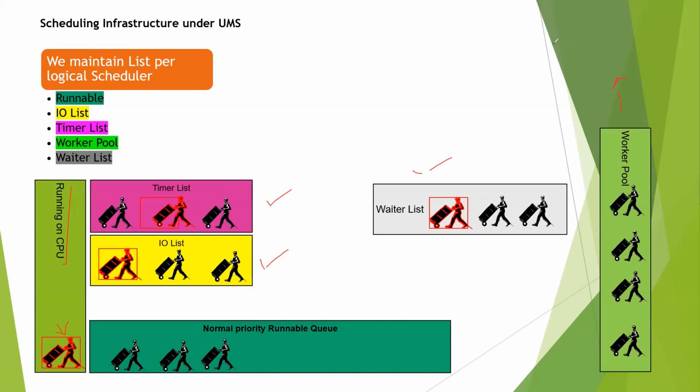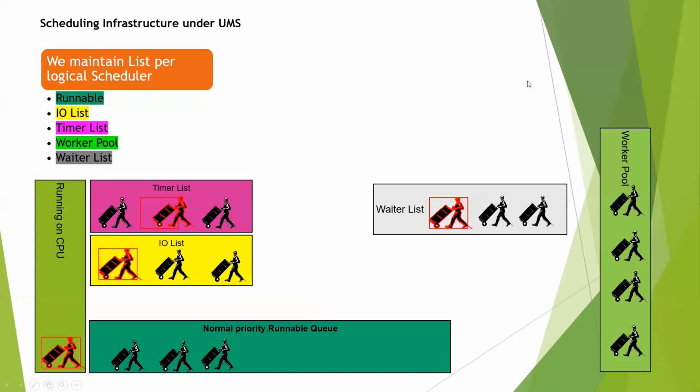Now the thread currently running on the CPU has to come out of the CPU, either because it yielded or completed execution, whatever it is. I told you every thread executing on the CPU will be from the runnable queue itself, right?